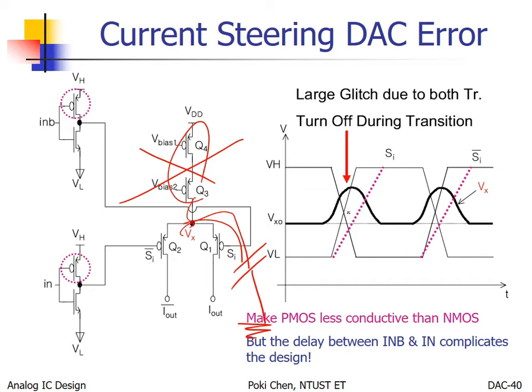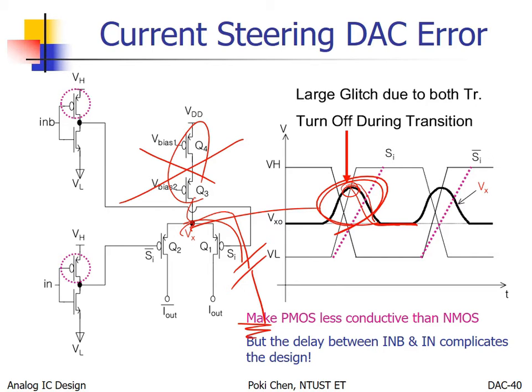So during the time you and me both are off, the node voltage will be charged sky high. And after I turn on, right, I can only push the node voltage back to normal. That is really bad for your output.